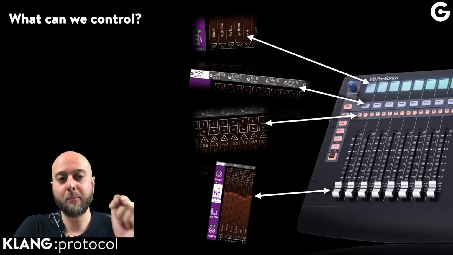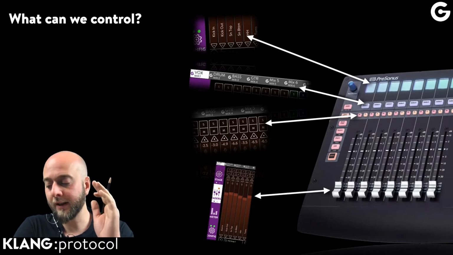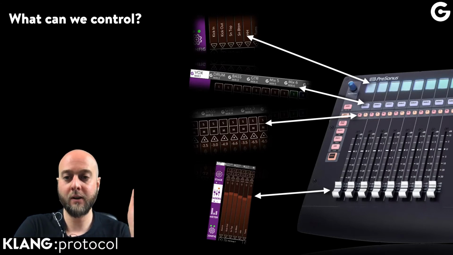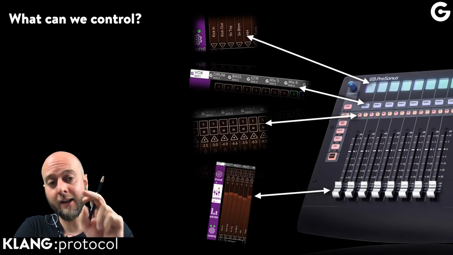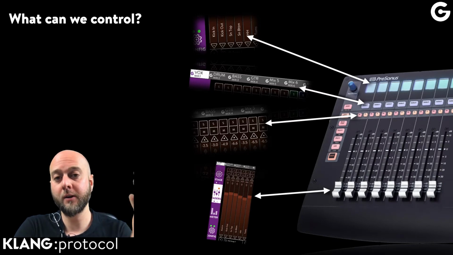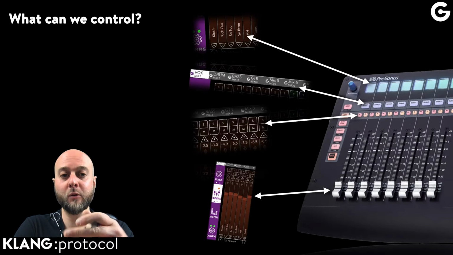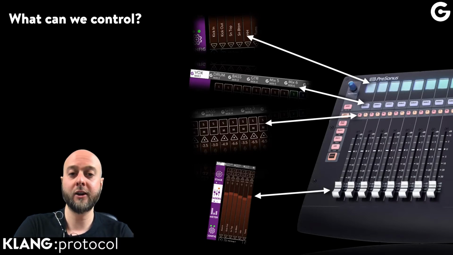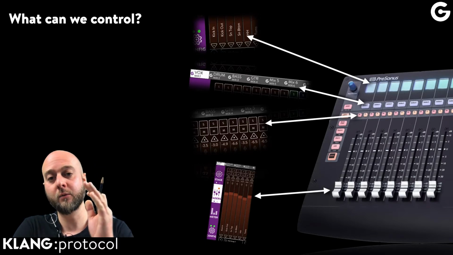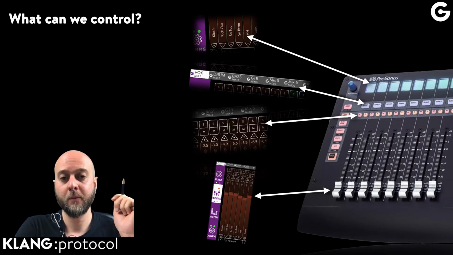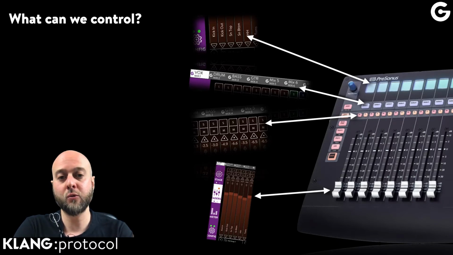With the channel select buttons, we can select the mixes within our KLANG system. So select of channel 1 would get us to mix number 1. Select of channel 5 on the controller would get us to mix 5, and so on. Of course, there's also a control for mute and solo buttons, and obviously a fader control.